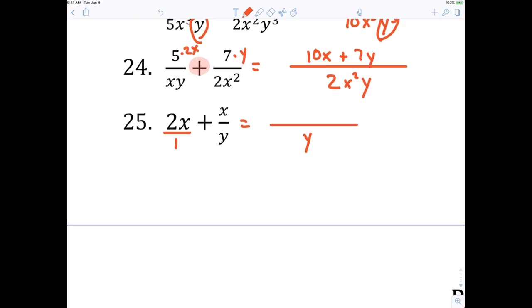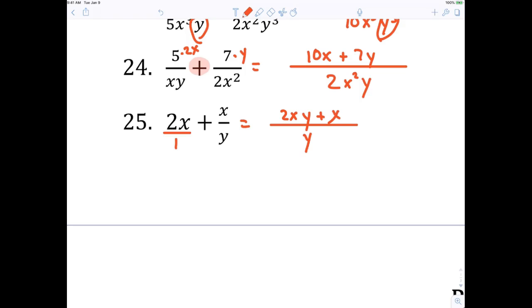And the top is 2x times y, so that's 2xy plus x. Beautiful. I'm telling you, it's really, really simple.